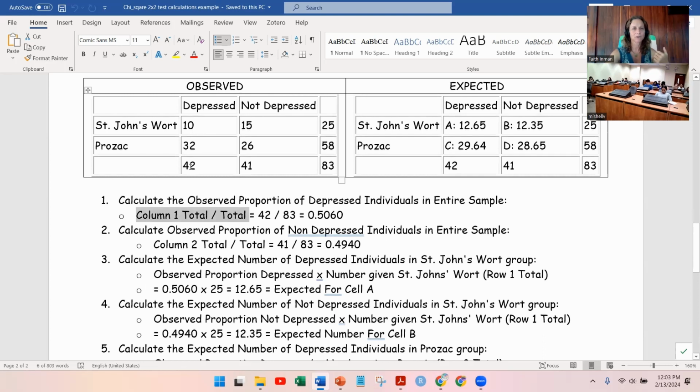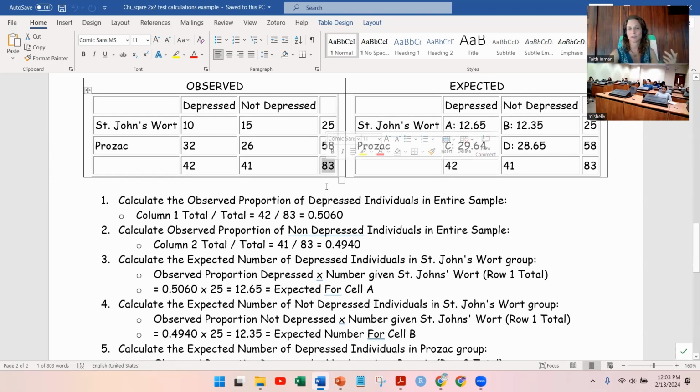Our column 1 total is 42, divided by our total number of patients in this study, which was 83. At the end of the study, 42 of them were depressed. Column 2 total is the total number that were not depressed, again divided by the total number in the study.